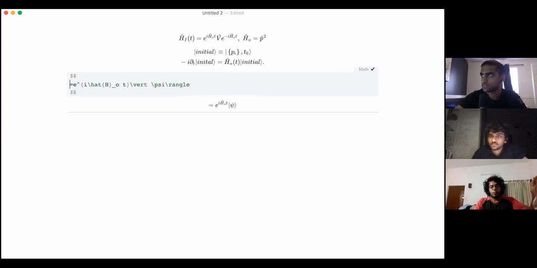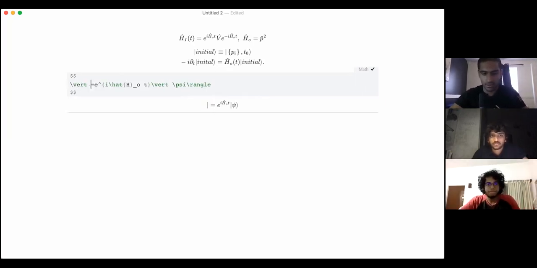I'll call this our trial wave function, or trial state, psi trial.